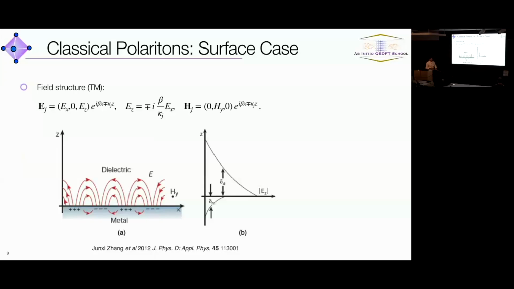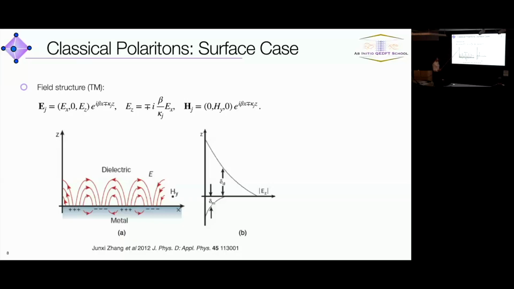And how does the field look? Well, the field looks like this. We have a stratified system, and the field structure that you get from the approach you looked at yesterday is the following. For example, for the transverse magnetic mode, you have a field with an X component and a Z component.